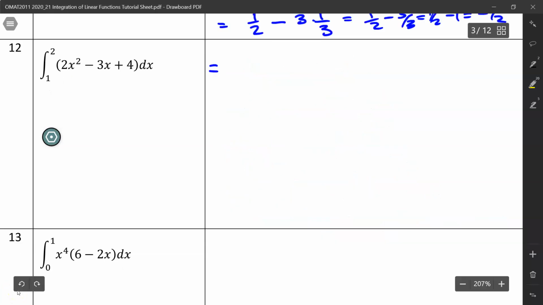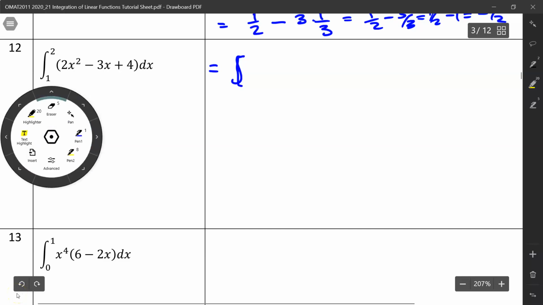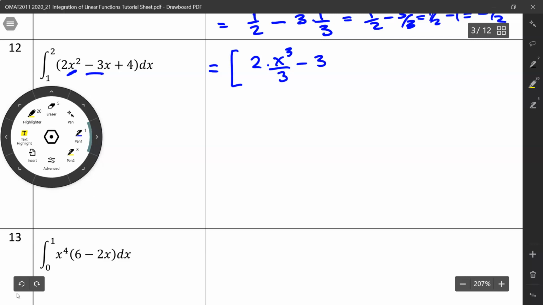Okay, this is the integral. Now I don't have to separate them. I can do it all in one. I could do it all in one step if I want. So I'll just do it again here. I'll put my brackets here. And this is 2 times the integral of x squared, which is x cubed over 3, minus 3. So I write out the constant here.